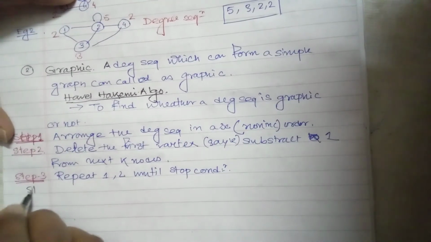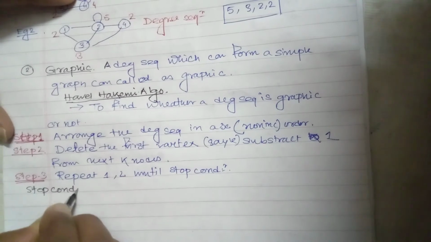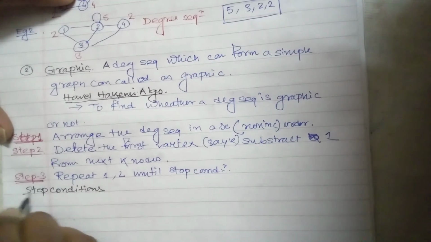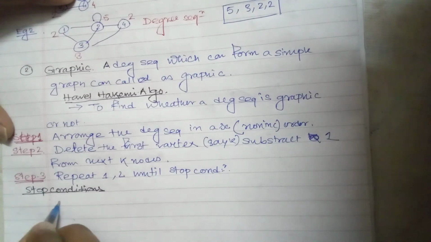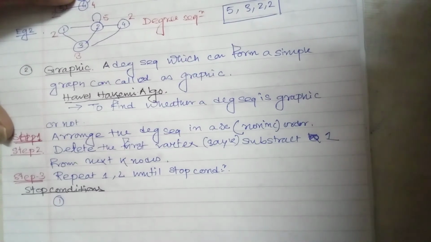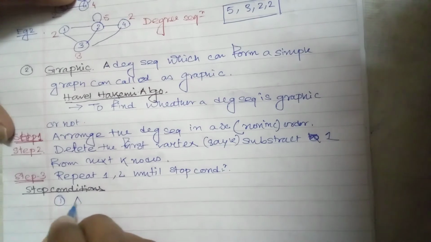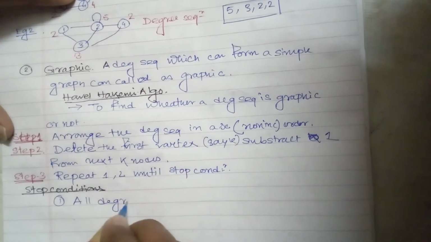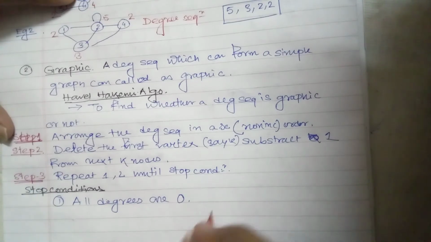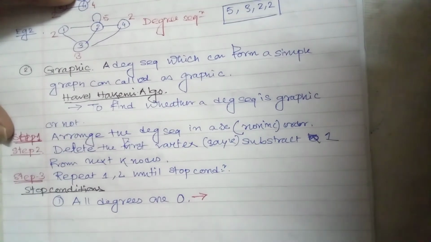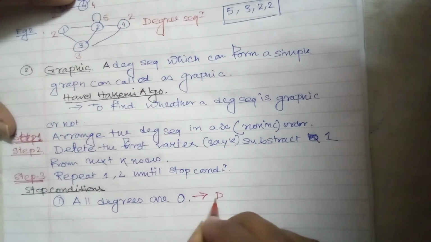So stop conditions. There are mainly 3 stop conditions. First one is: all degrees are 0, then we can say that the degree sequence is graphic.